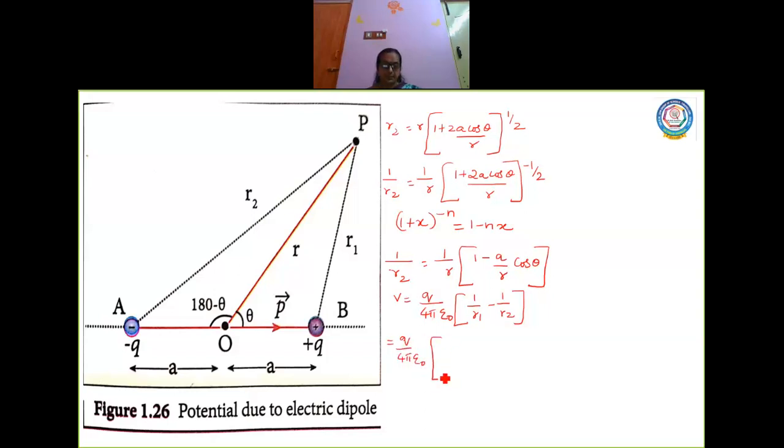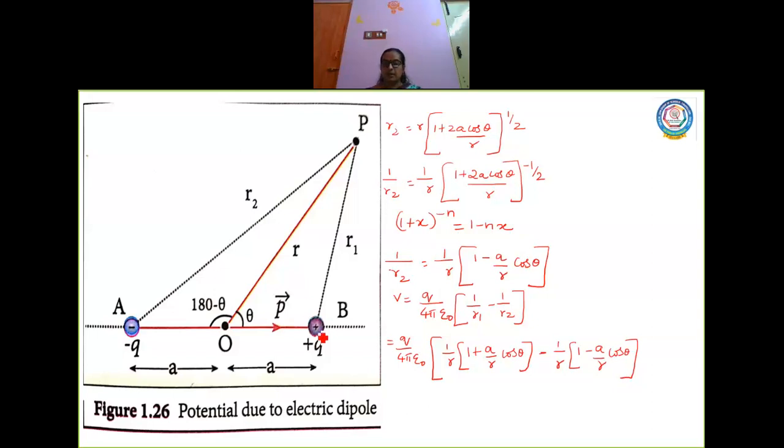Now what is 1 by R1? 1 by R1 is 1 by r into 1 plus a by r cos theta, minus 1 by R2 is 1 by r into 1 minus a by r cos theta.